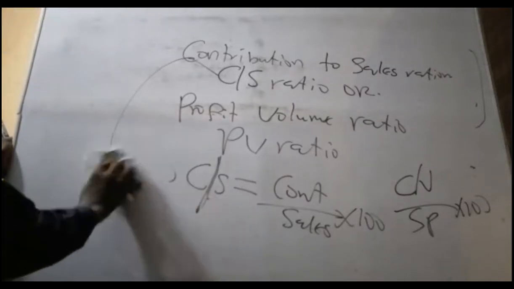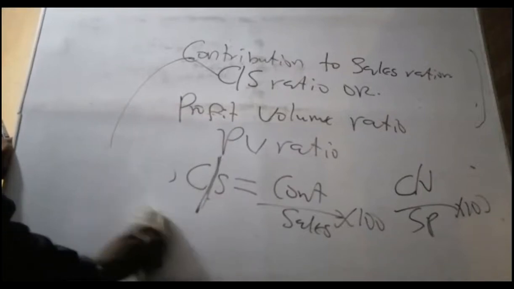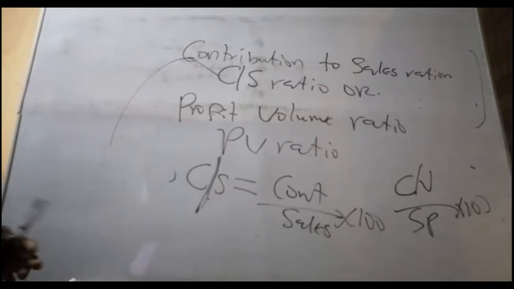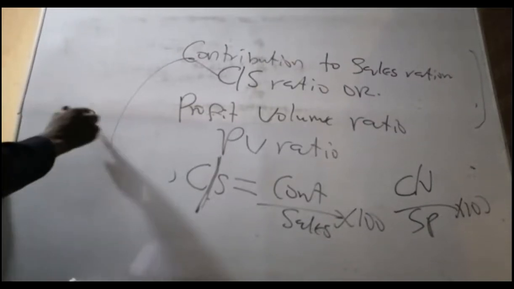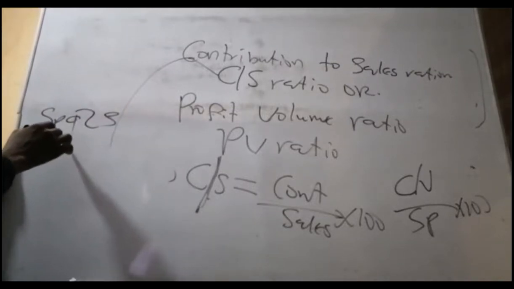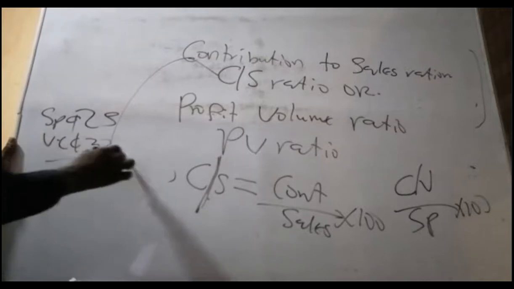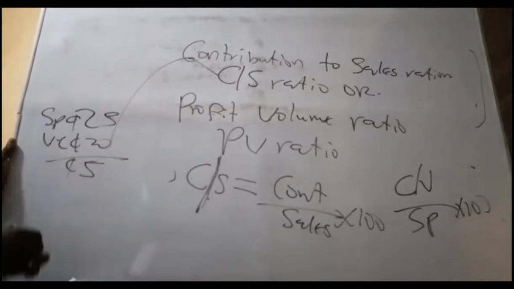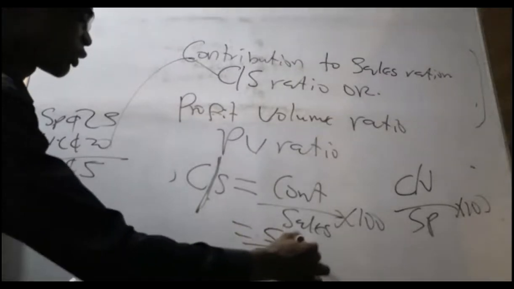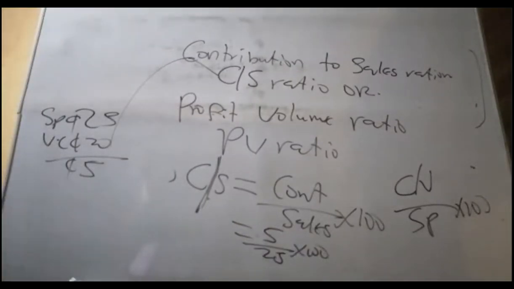So let's solve for this particular question. We know it. The selling price is 25. The variable cost happens to be 20. So contribution is 5, right? So therefore, CS ratio will be 5 out of 25 times 100. Any answer for us?